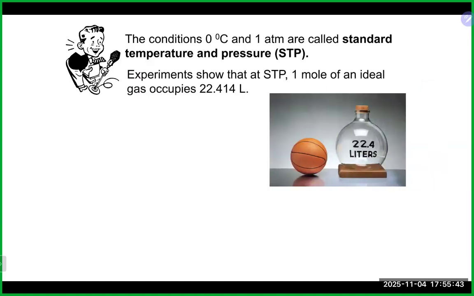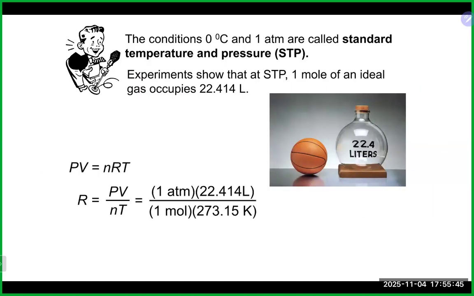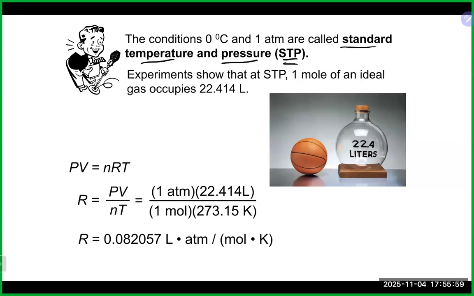A couple other important relationships in terms of the ideal gas law and gas in general is STP. STP stands for standard temperature and pressure. And when they give you STP in a problem or say find the volume at STP, they're actually giving you two values.